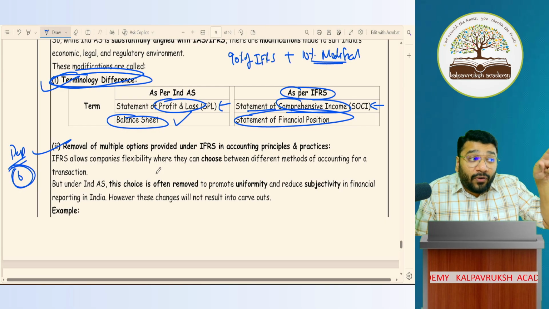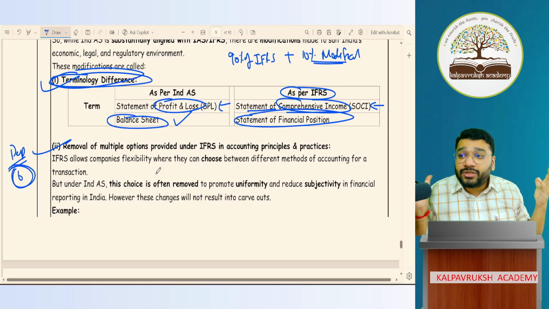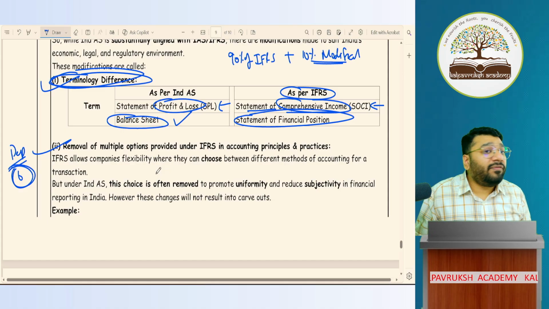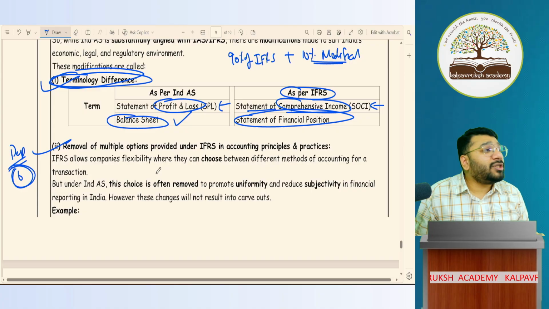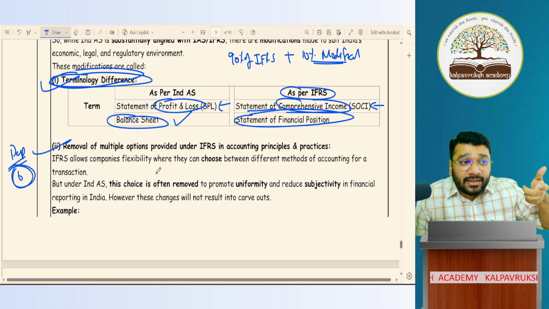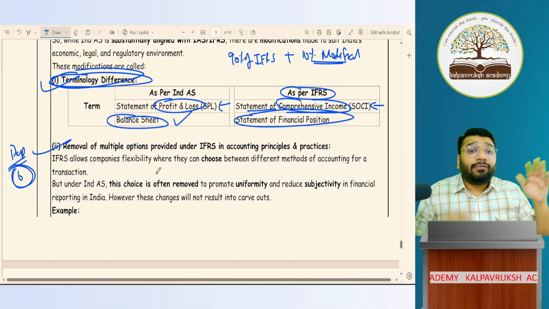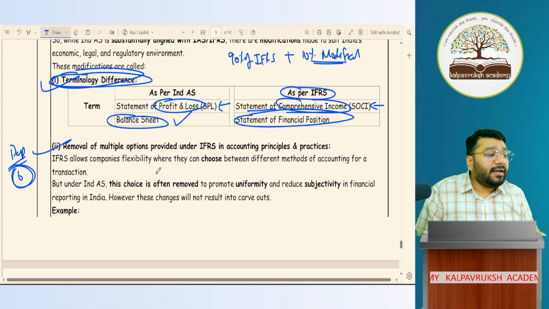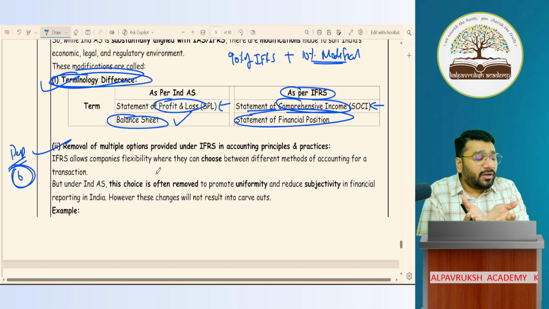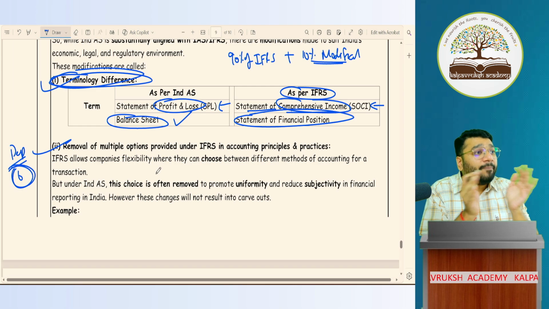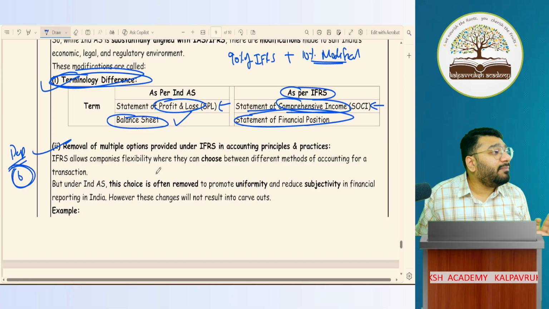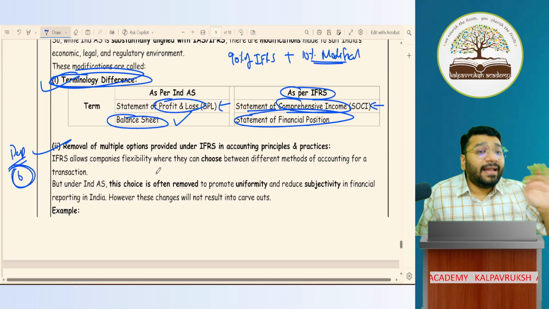Too much of anything is good for nothing. If we give too many options to the people, then each one will come out with different options, and that will make the financial statements not comparable, not consistent, not understandable. So we have to restrict the options. So what they did, the multiple options given by IFRS were removed, and limited options were given by Ind AS.